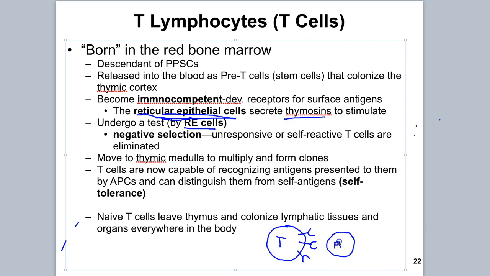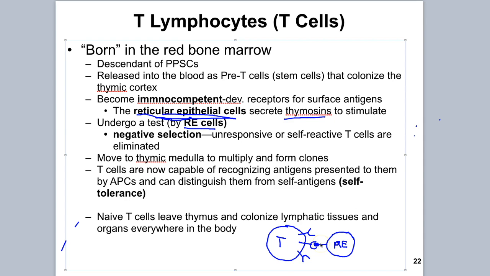The word reticular means that it has a branched, star-like shape, but we're drawing it as a circle. Okay, so the reticular epithelial cell is going to present this T cell with some surface marker, some type of protein we have here on the surface of our reticular epithelial cell.